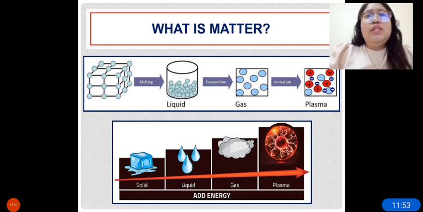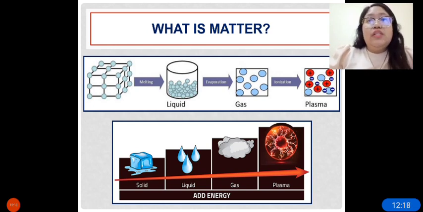But it's not just about adding energy. You can also take energy away. For example, if you cool down steam, it condenses into water in the process called condensation. And if you cool down water, it freezes into ice. And that's the process we call freezing.